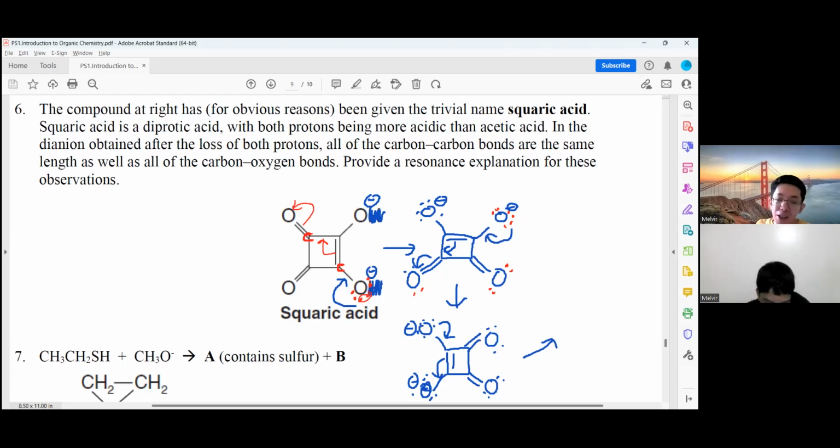Hoy, hindi pwede yan dyan, Josh. Kasi sosobra na yung oxygen mo. Kawawa yung oxygen mo. Saan mo ibibigay ngayon yung double bond? Hindi. Nasa double bond ka na. Tama, nag-start ka dun sa tamang oxygen. Okay, magdo-double bond yan.